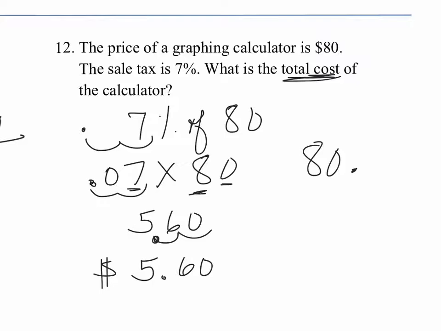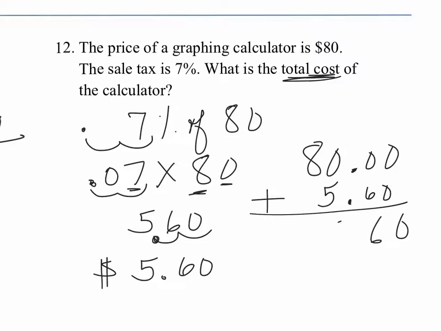And if you're not careful, you'll miss that because the $80 and then the $5.60 to line up the decimals, and you get $85.60. The sales tax was $5.60, and the total cost would be $85.60.